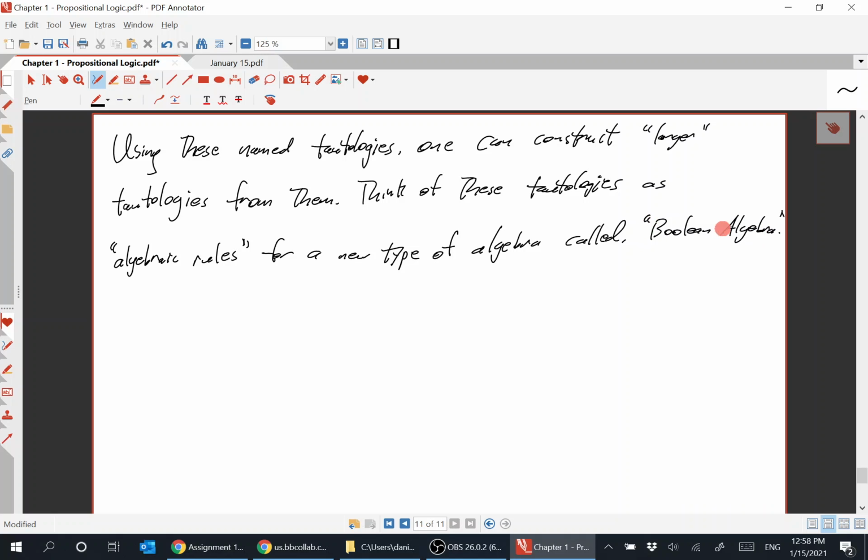I mean, you've been dealing with the algebra or arithmetic of real numbers for a long time now, but that's not the only one around. There's also this one, and this one is called Boolean algebra. It just has different algebraic rules that go along with it. So, for example, let me make sure I don't do the one that I assigned for homework.